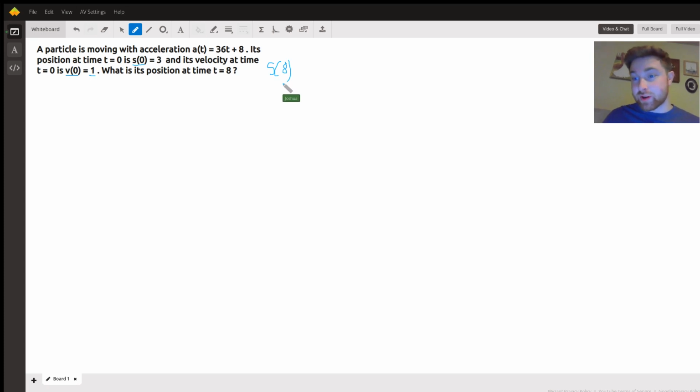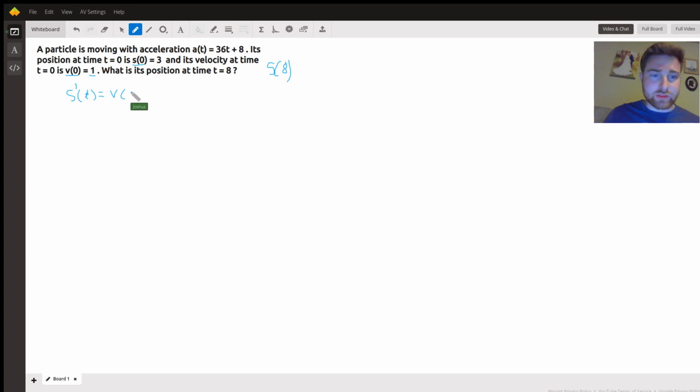Okay, so this first requires us, we need a function for S. We could actually figure that out. So if you remember, S of t, that's usually position with given time. Remember that the first derivative is going to be velocity.